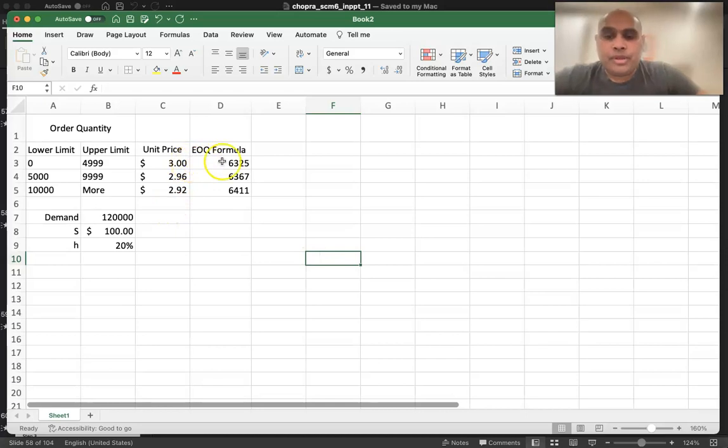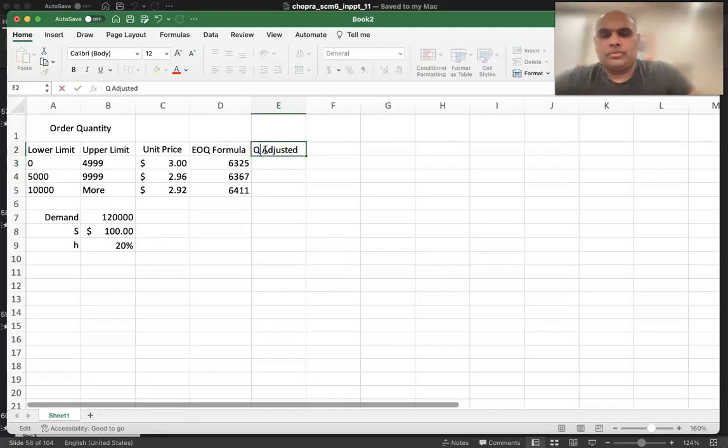Remember that the unit price will be $3 only if the order quantity is between 0 and 4,999. But because the order quantity is 6,325, you're actually going to get a discount. So we'll say Q star adjusted.